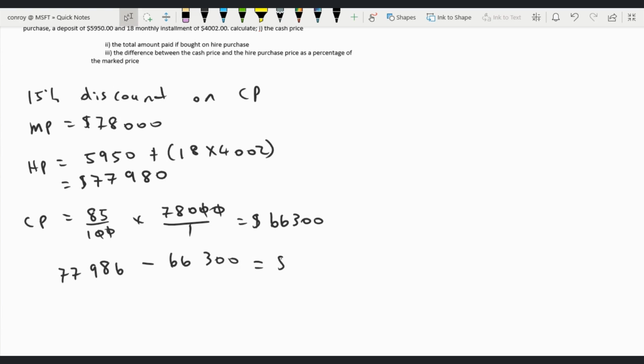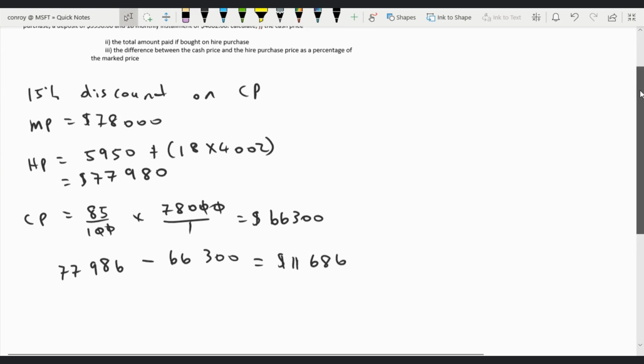We get 14,680. We're now going to find out a percentage of the marked price.